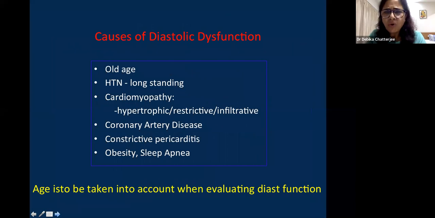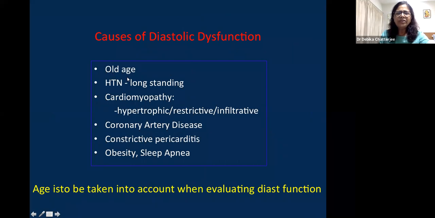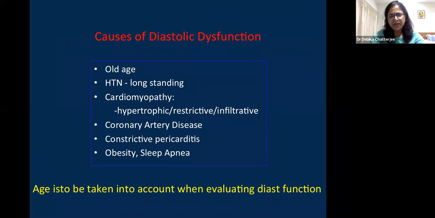If we look at the causes of diastolic dysfunction, there are many causes. Old age tops the list. We know there are certain changes which are associated with the aging process in the heart and the vascular system, which occur normally in an old patient. And one such is the impaired myocardial relaxation.